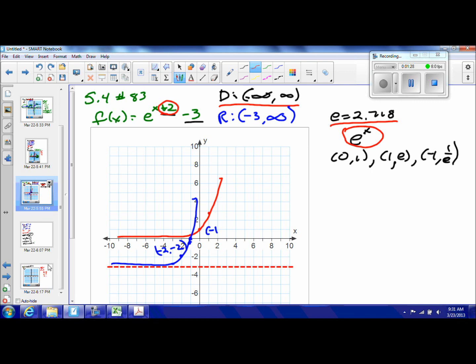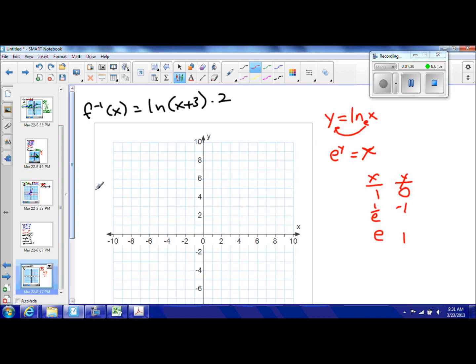Now, we've reversed them. So let's graph that. So x is 1, y is 0. X is 1 over e, so that's about 1/3, y is negative 1. X is e, so close to 3, almost 3, y is 1.